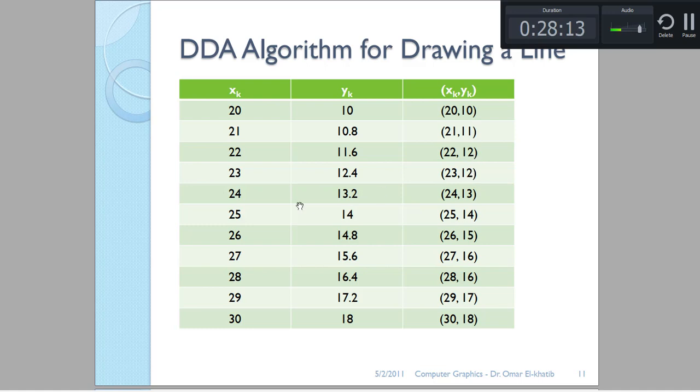Similarly, we continue this for 24, 25, and so on. The last point that we get is (30, 18), and we will stop our loop here because we started from the first point on the left, (x1, y1), and we stop at the second point, which is (30, 18).